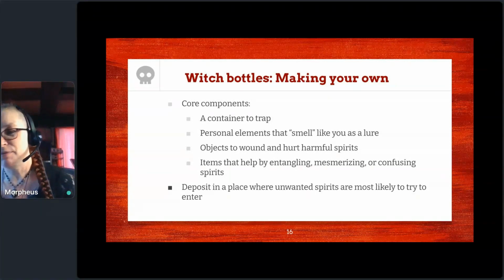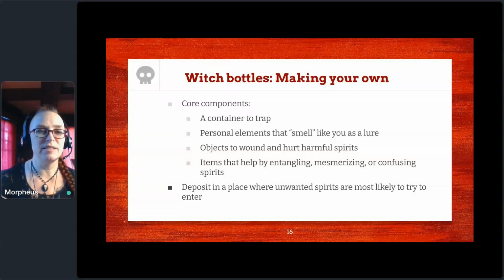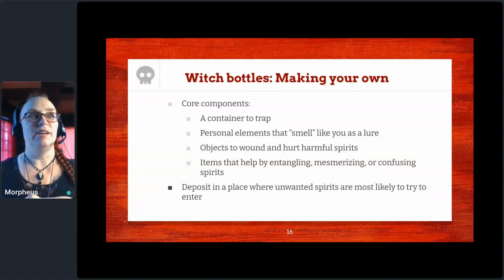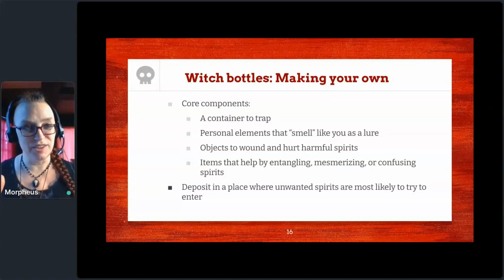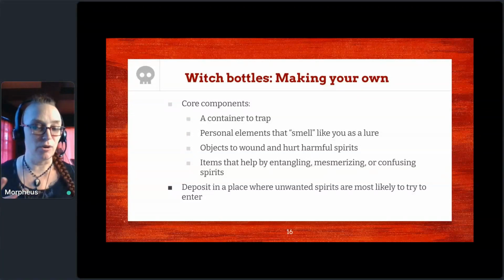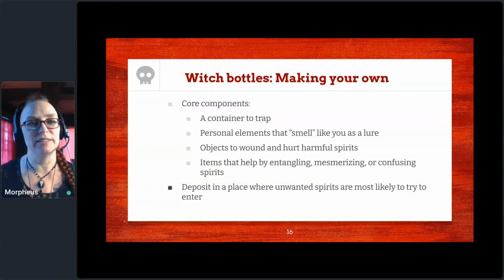So while I still have a few more minutes before we take questions, I wanted to also go over a few observations about making your own witch bottles, building off of this historical information and my own experiences of working with this practice.